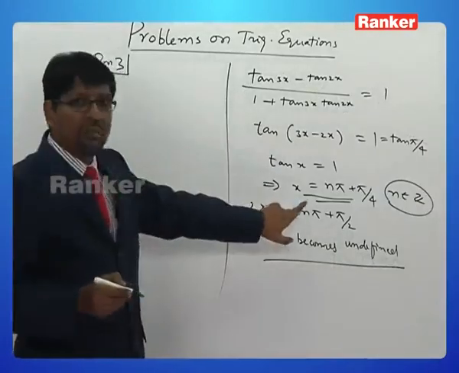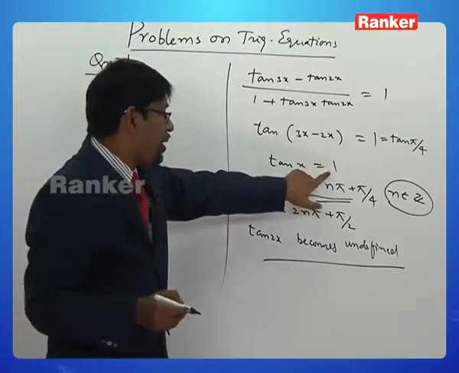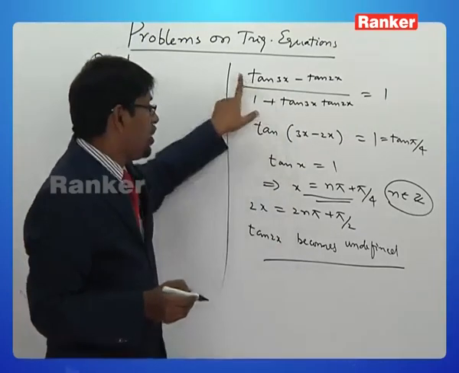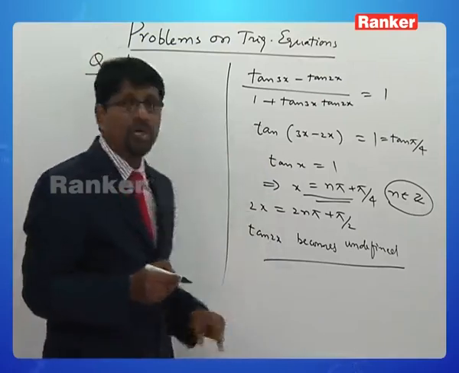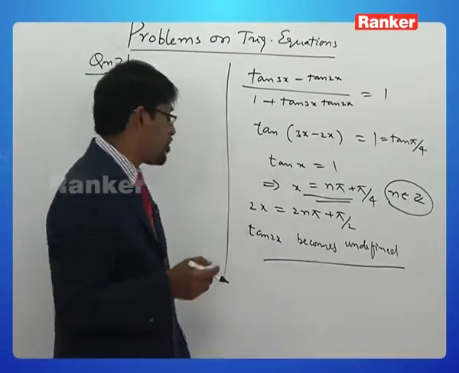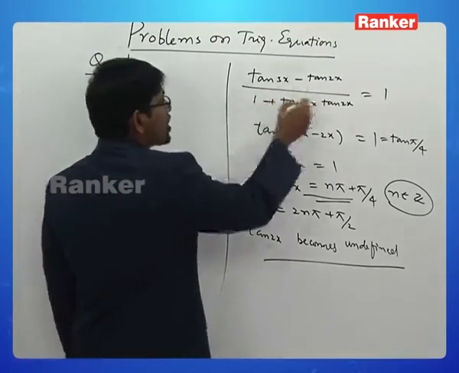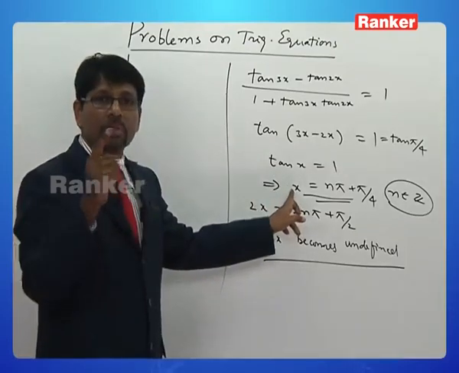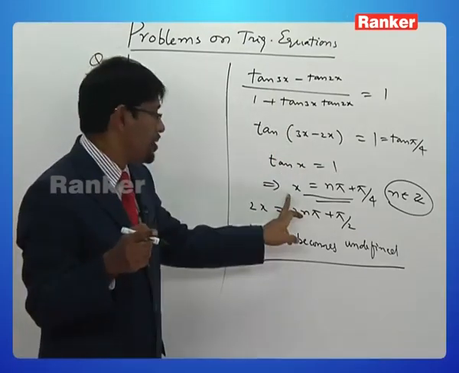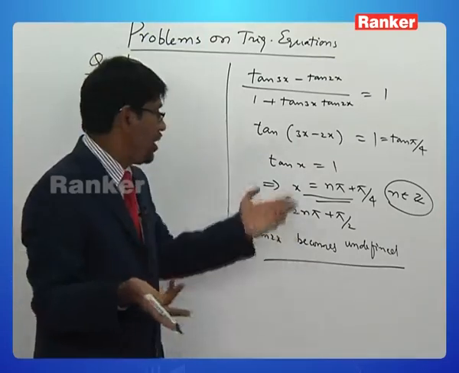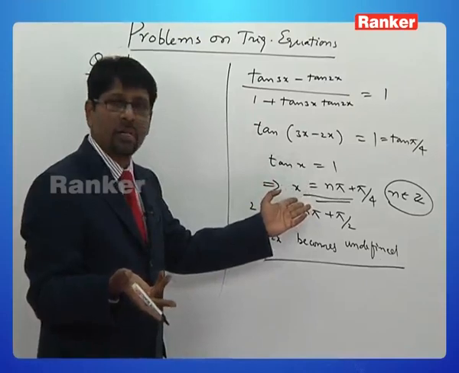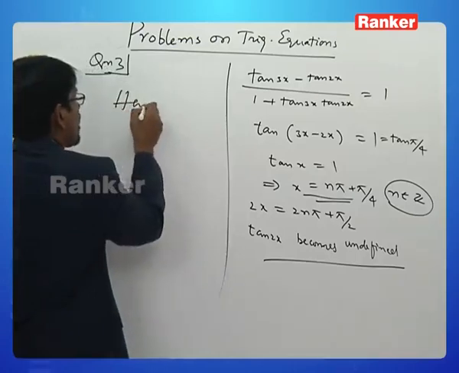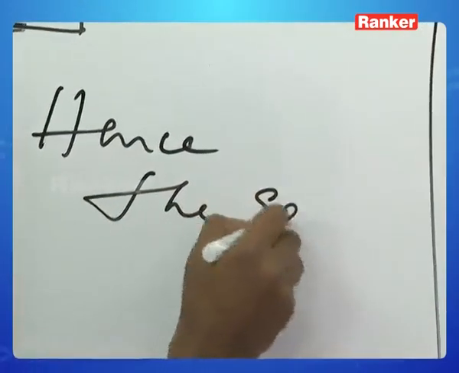So although this x equal to n pi plus pi by 4 satisfies the derived equation, it cannot be taken as a solution for the given equation because it is not fulfilling the domain requirement. Tan 2x, one part of this equation, becomes undefined when I substitute the value of x. The only possible solution would have been this, and that was also not fulfilling the original equation. Hence the equation has no solution.